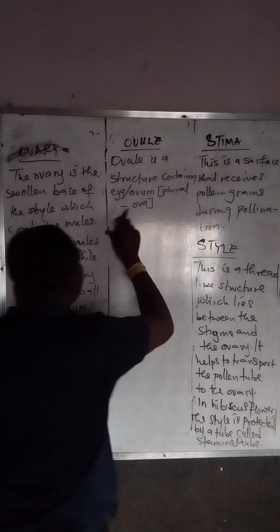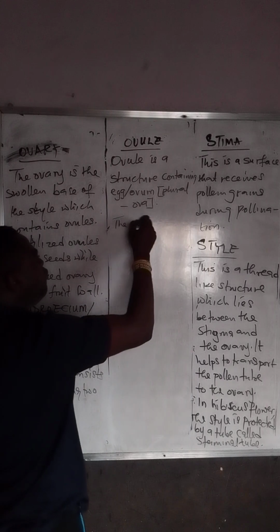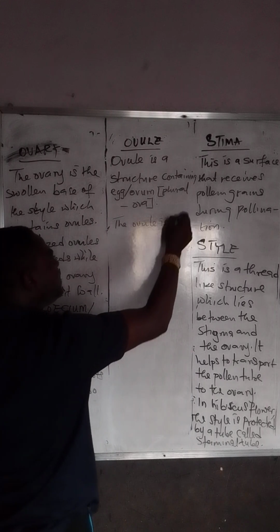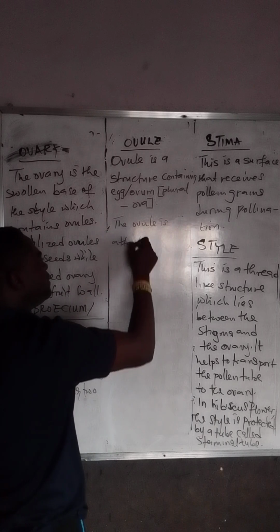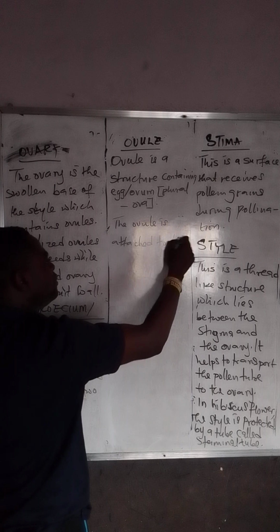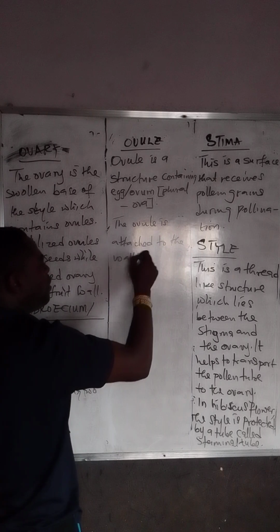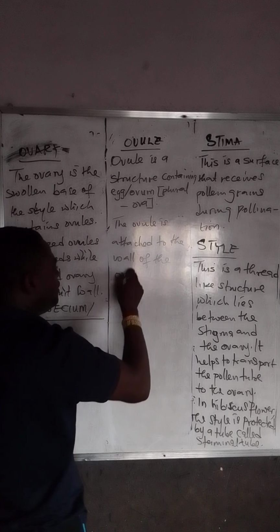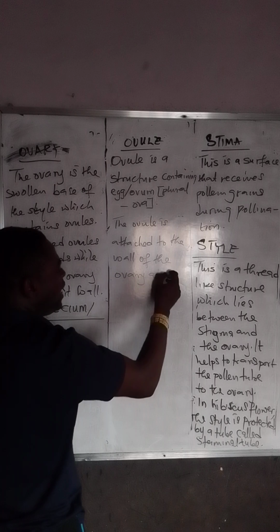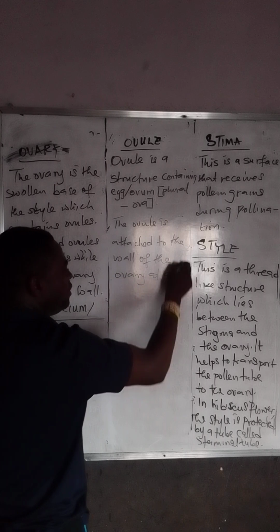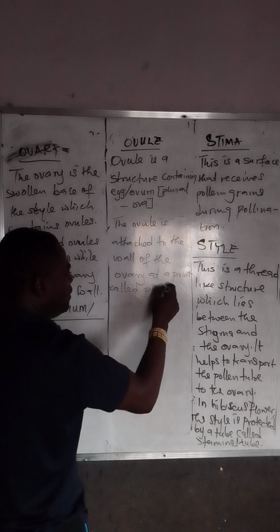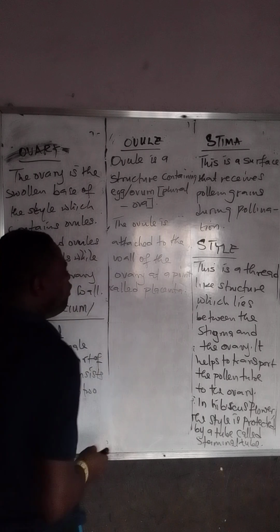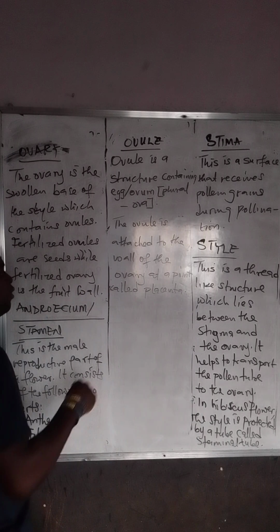Okay, that's the ovule. The ovule is attached to the wall of the ovary at a point called placenta. The point of attachment of ovule to the wall of the ovary is called placenta.